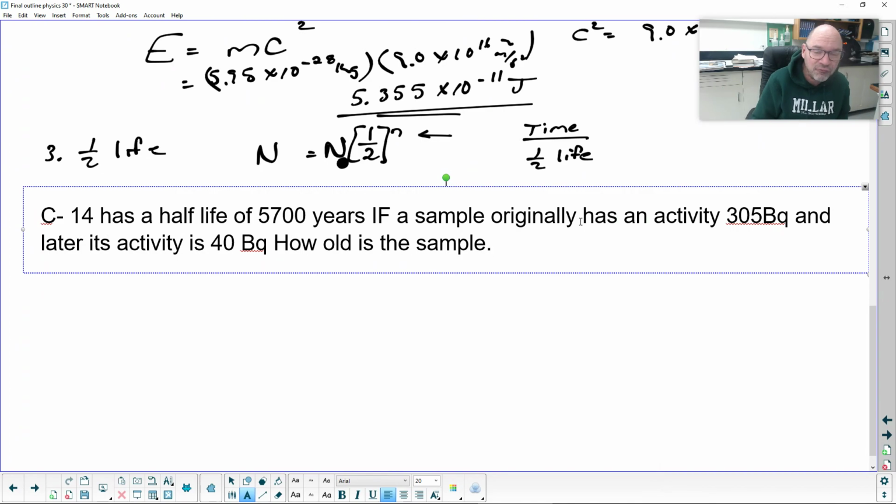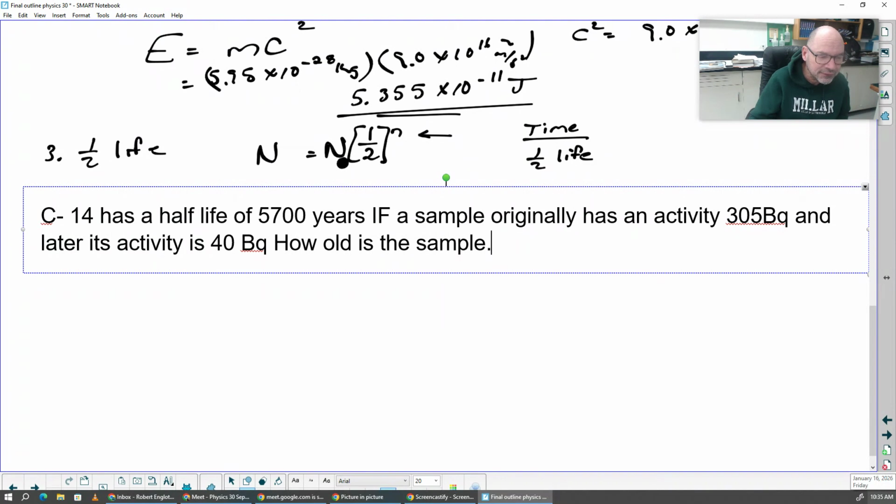Activity means how fast it's decaying. In physics, you might have a mass of nuclear or radioactive material, and what activity means is the radioactivity. It's a short form of radioactivity, so they'll often use activity.